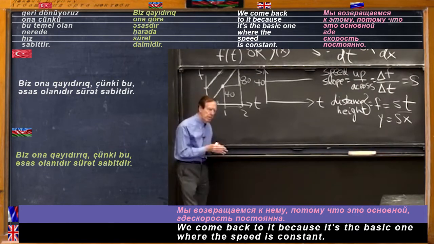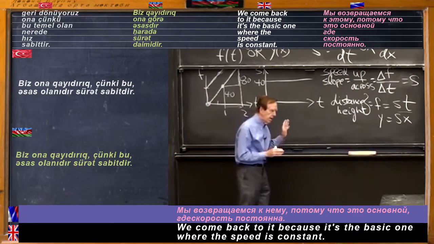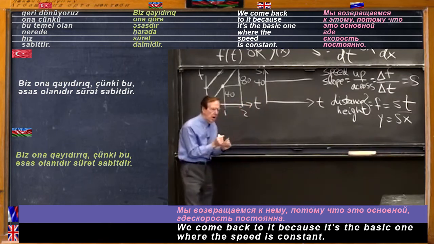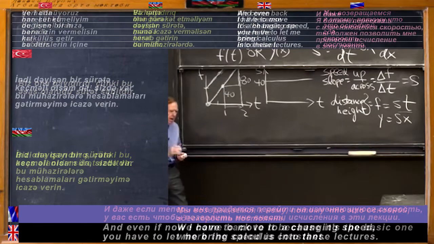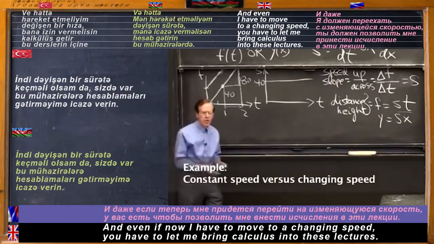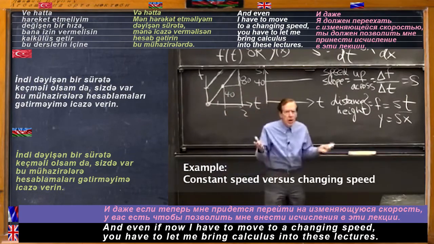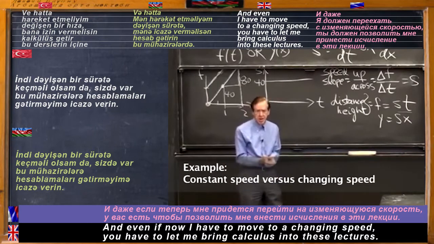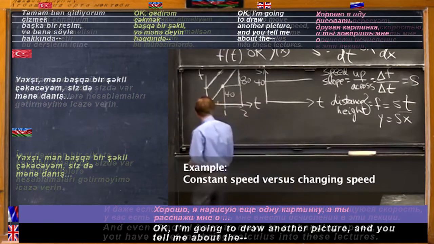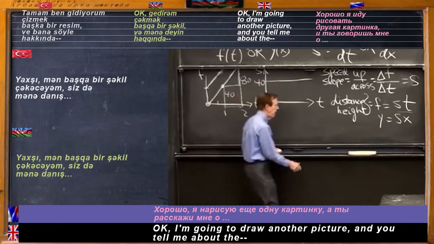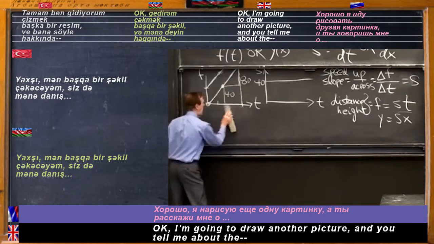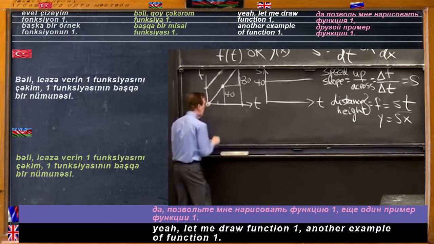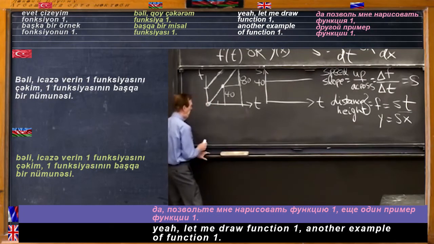We come back to it because it's the basic one where the speed is constant. And even if now I have to move to a changing speed, you have to let me bring calculus into these lectures. Okay, I'm going to draw another picture, and you tell me about it. Let me draw function 1.